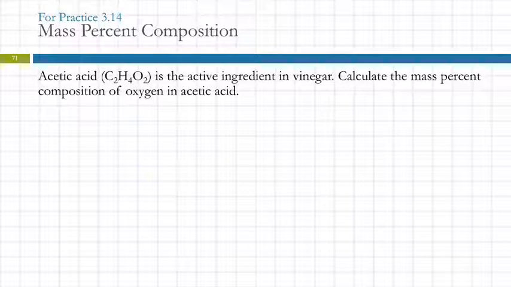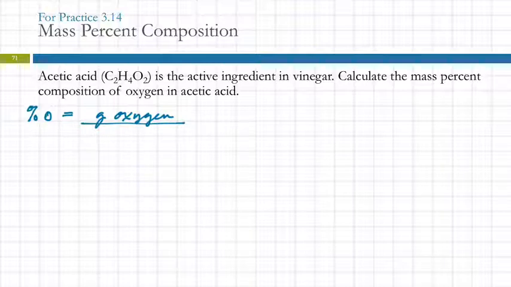This is something where we need to use an equation, so it's helpful to write the equation first. We want percent oxygen, and so that's going to equal grams of oxygen per grams of the compound, C2H4O2, that's the whole thing, times 100 to give us a percentage.